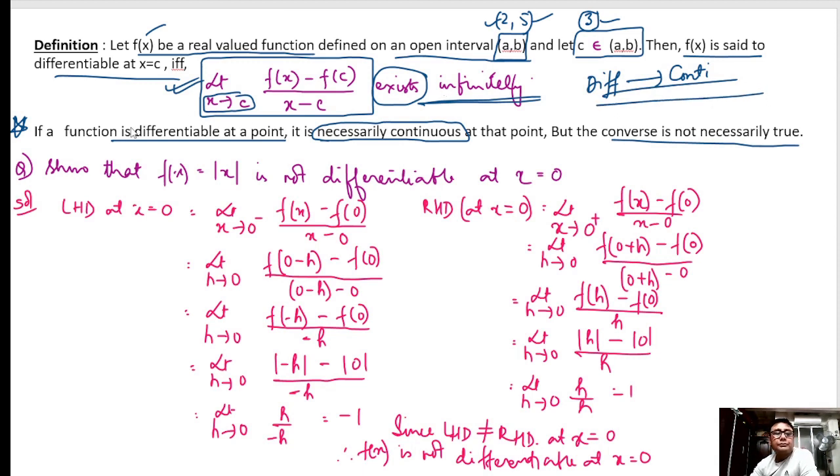Okay, so let us start with the function f(x) equal to mod of x, and let us check at x equal to 0 whether it is differentiable or not.